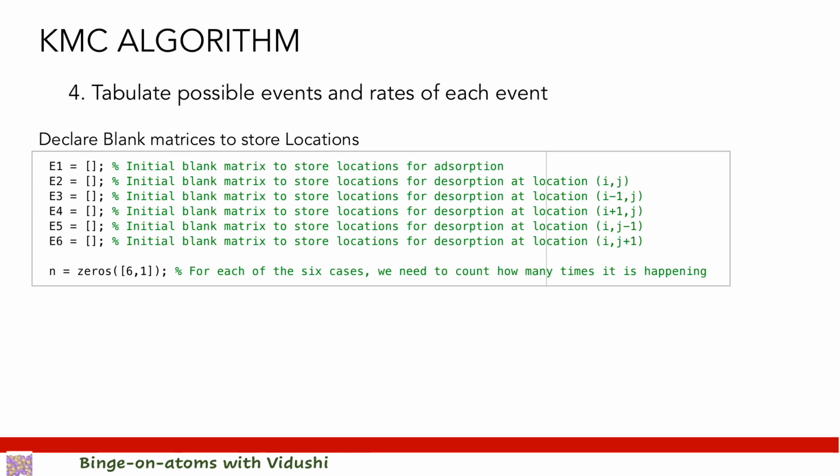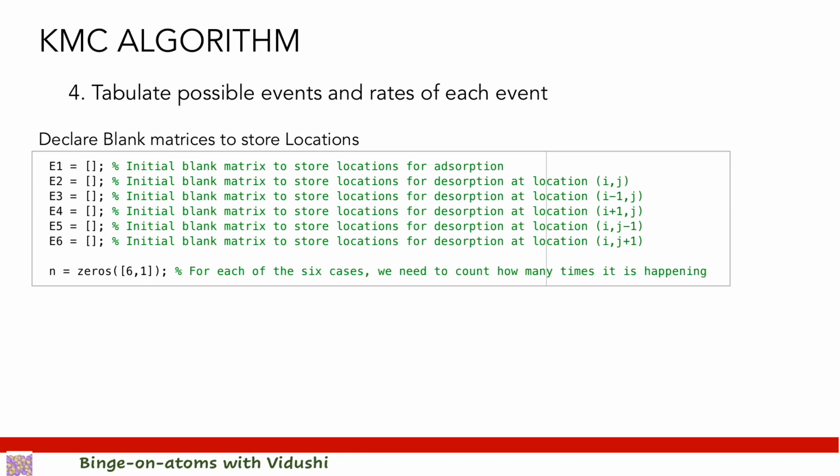We now declare 6 blank matrices E1, E2, E3, E4, E5, and E6. These matrices will store locations as ij, where the events are possible in the current system state. So the E1 matrix will store all the empty locations.